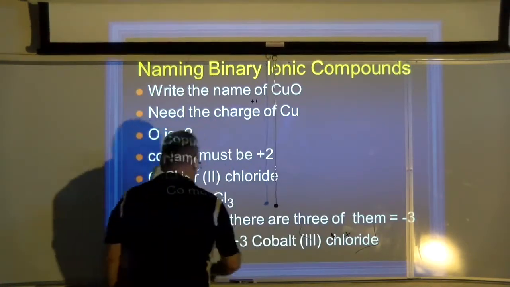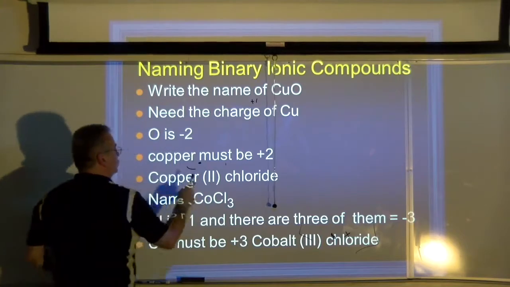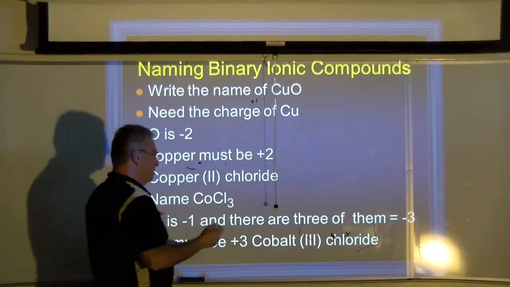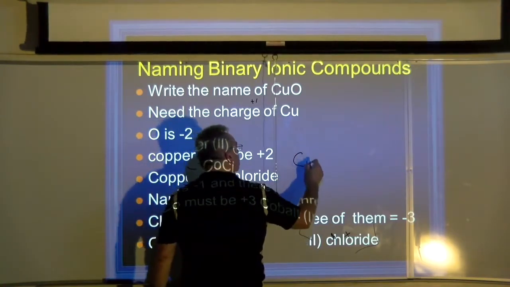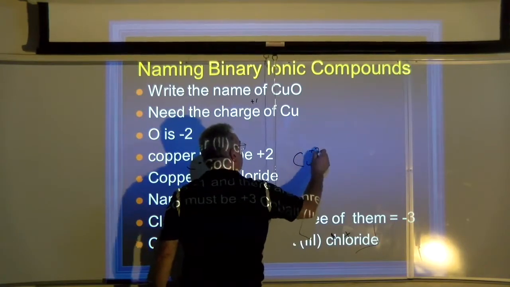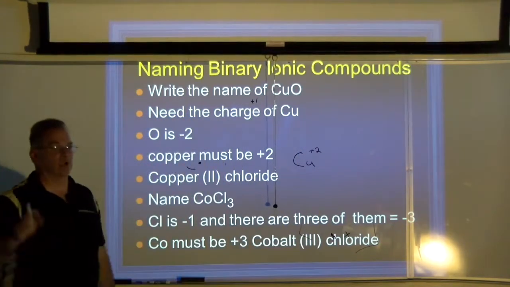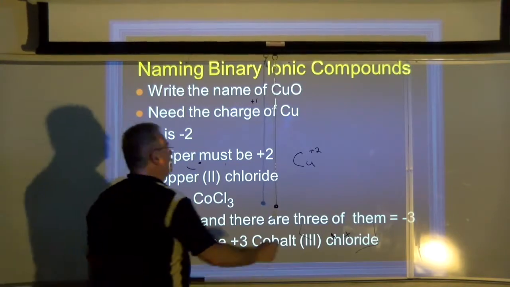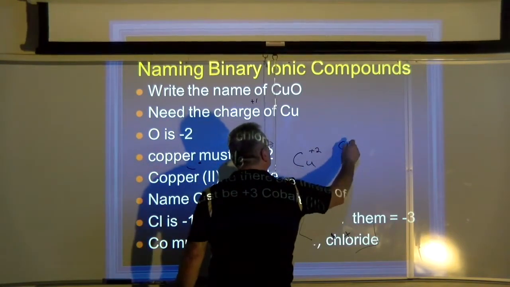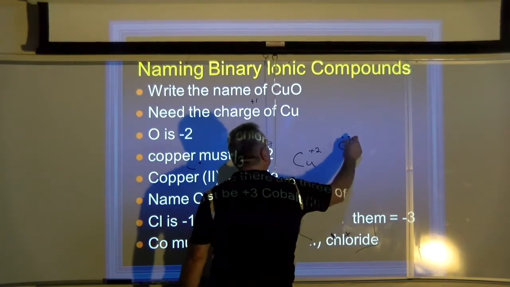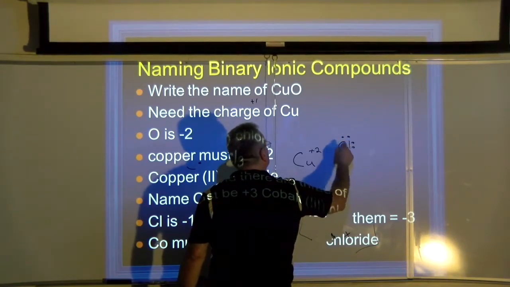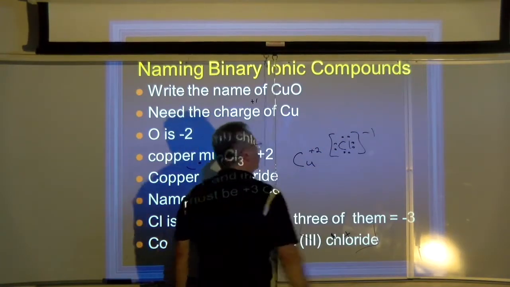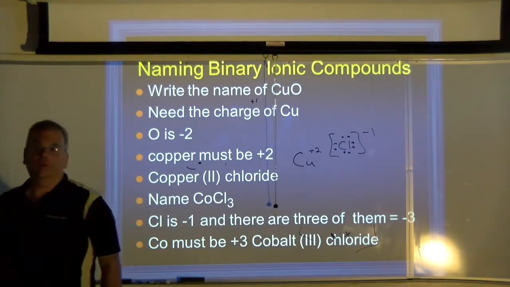So if I wanted to draw the Lewis dot structure for copper 2 chloride, copper with a +2 charge, chlorides, I go in the little box on the periodic table, look at the upper right hand corner, chlorides have a -1 charge.